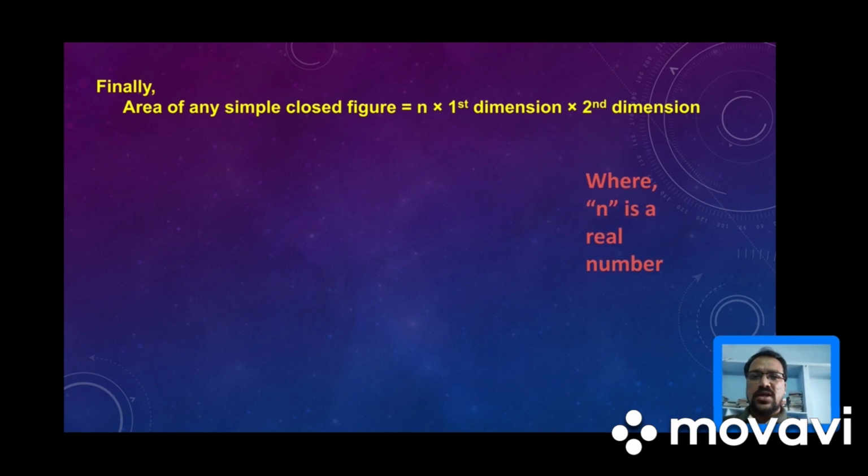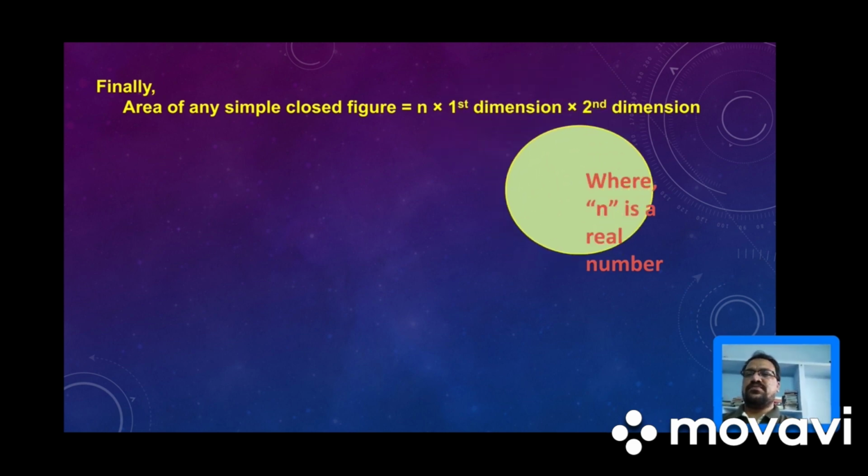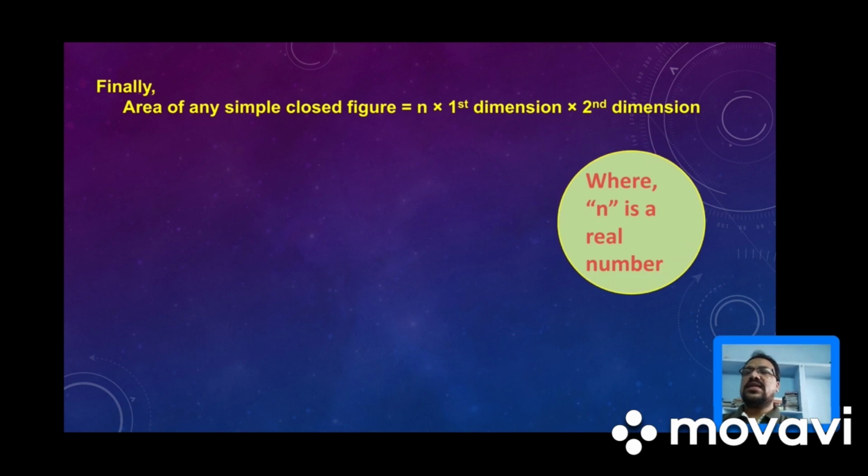Real numbers we know already. Those are all natural numbers, whole numbers, integers, fractions, decimal numbers, rational numbers, irrational numbers, all together make a real number. Yes, that's special. That is n into first dimension into second dimension.